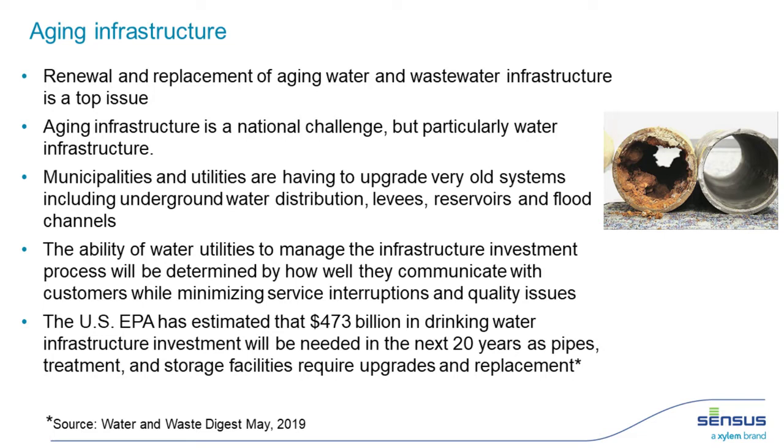So there's a fine line there. And some EPA data estimates that $473 billion in drinking water infrastructure investment is going to be needed over the next 20 years as pipes and storage facilities require upgrades and replacements. So that's a lot. That's a big price tag, $473 billion with a B.